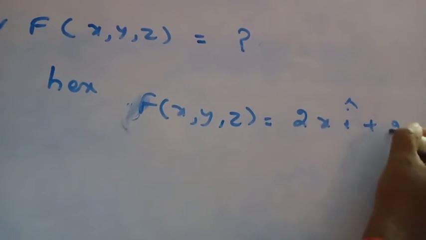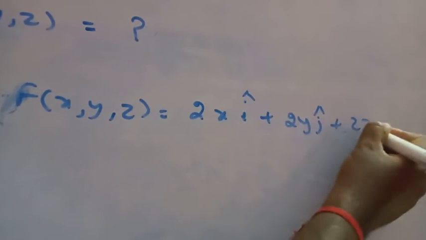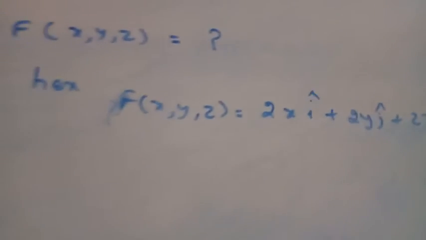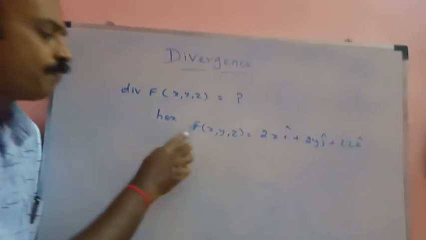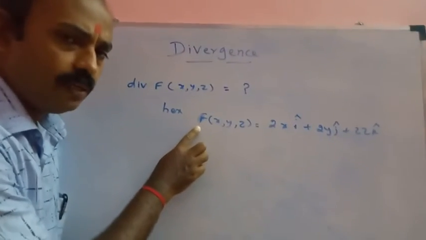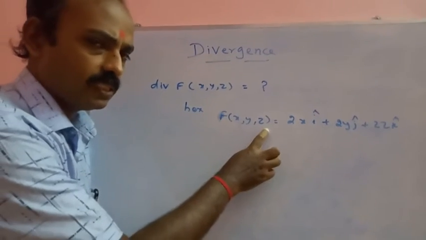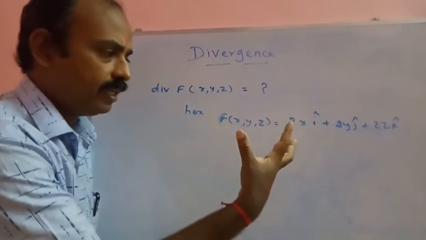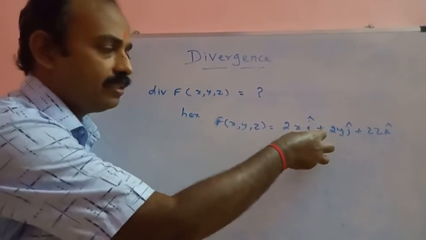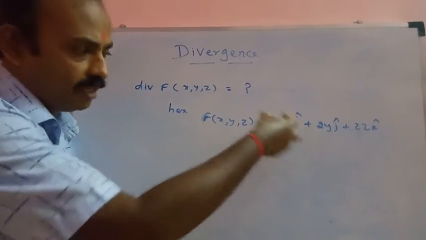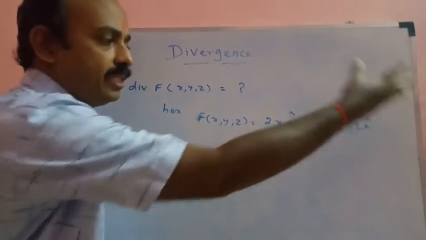2xi plus 2yj plus 2zk. So one quantity is given, f of x comma y comma z, a function in three dimensional variation. Here i, j, k are the representations along the x-axis, y-axis and z-axis.